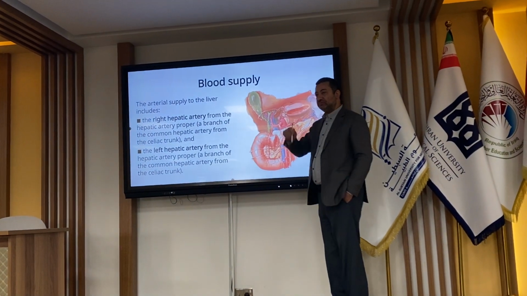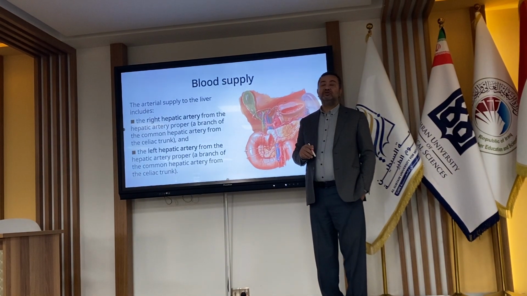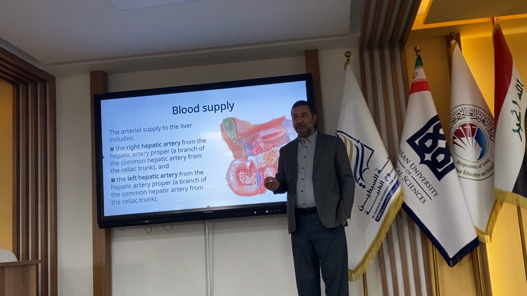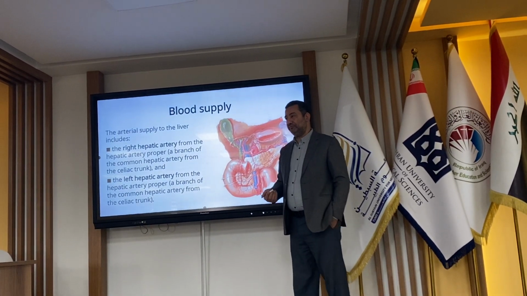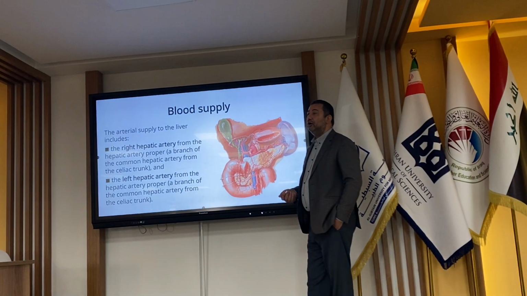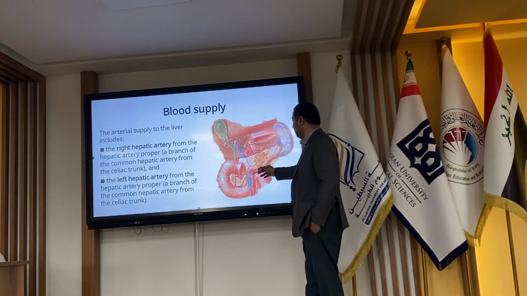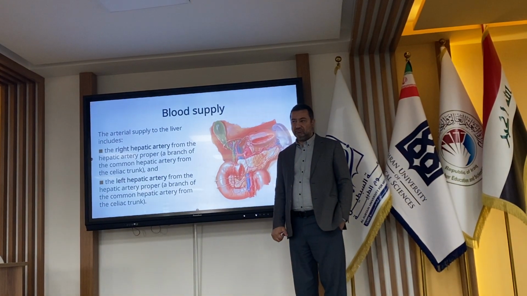Gastroduodenal artery descends posterior to the first part of the duodenum and makes superior pancreatico-duodenal arteries, anterior and posterior, and right gastroomental artery. Right gastroomental artery makes anastomosis with the left gastroomental artery.